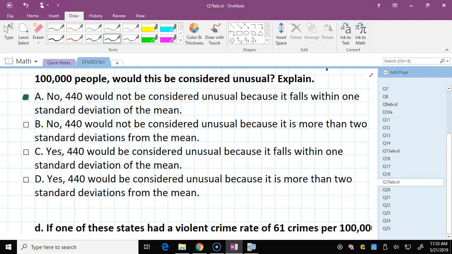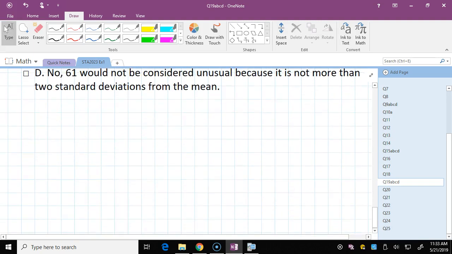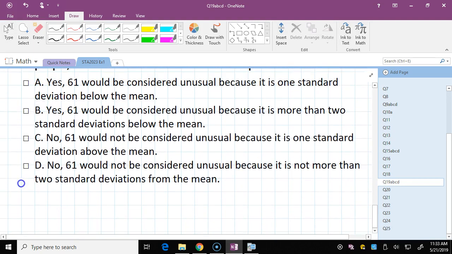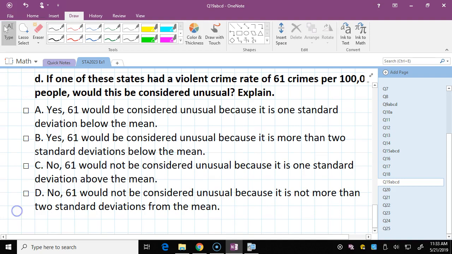And then obviously C and D don't make any sense. If you're on the line, that means you are exactly one standard deviation away. Next, if one of these states had a violent crime rate of 61 crimes per 100,000 people, would that be considered unusual?